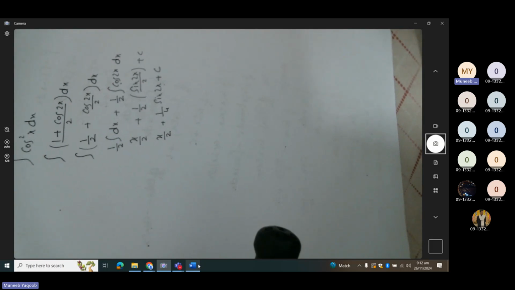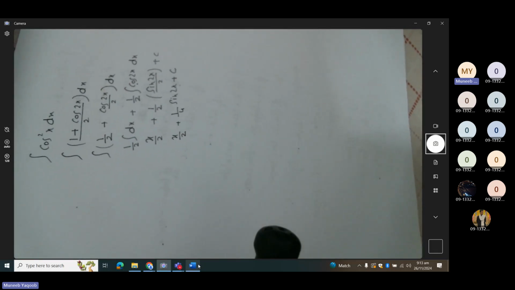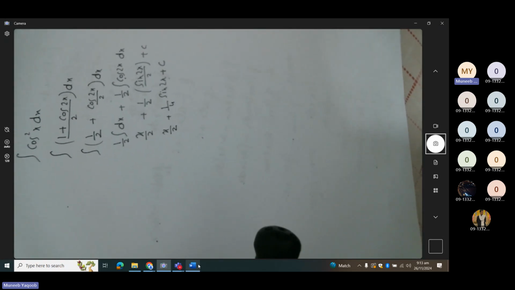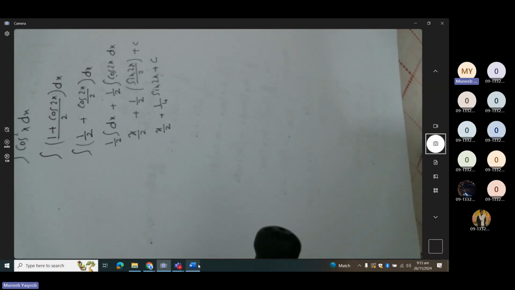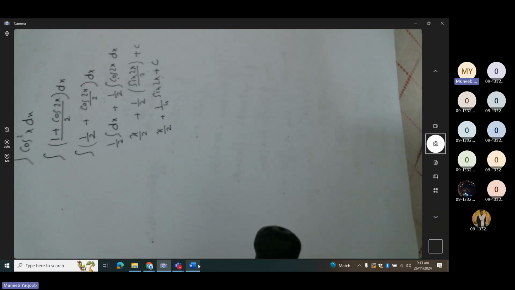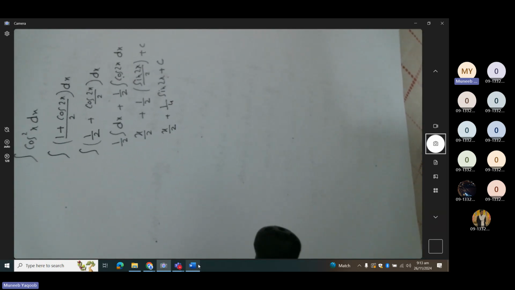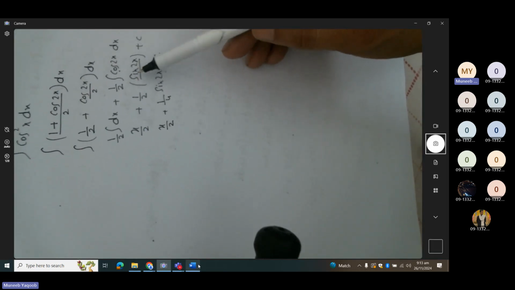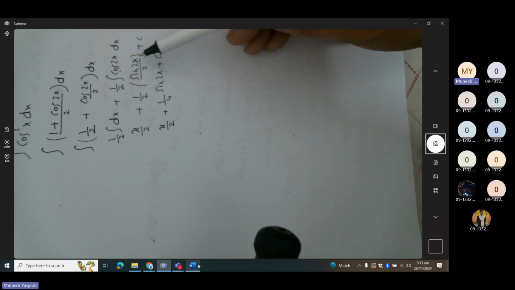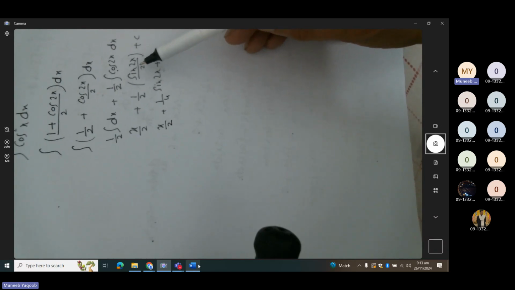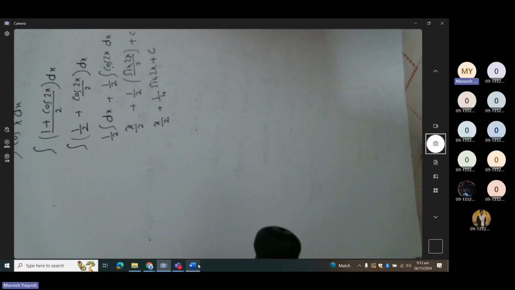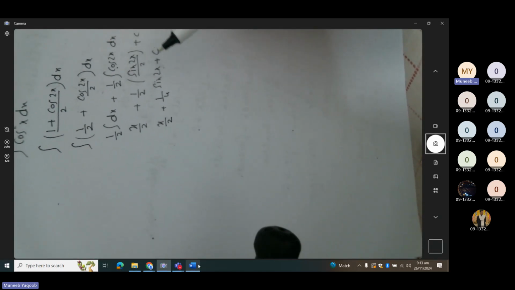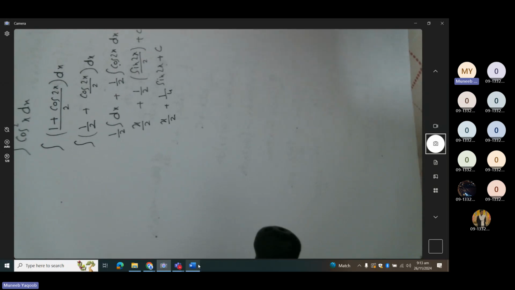As I told you before the midterm exam, the first technique that we apply while performing integration is the use of basic formulas. If it becomes a basic formula, we can directly quote the answer, like integral of cos 2x is sine 2x upon 2, because there will be no derivation and no special technique like integration by parts or partial fractions, since it is a basic formula.